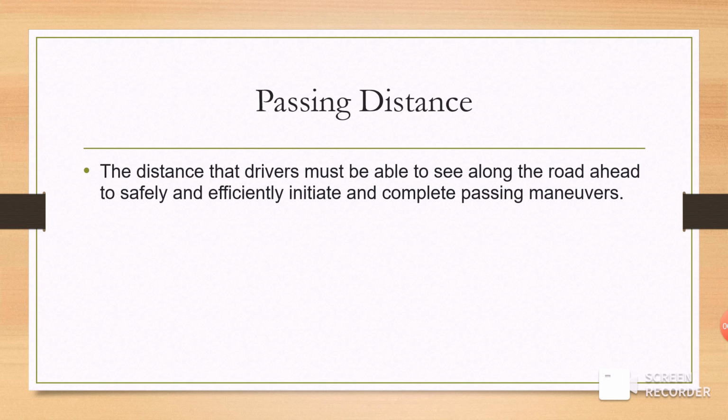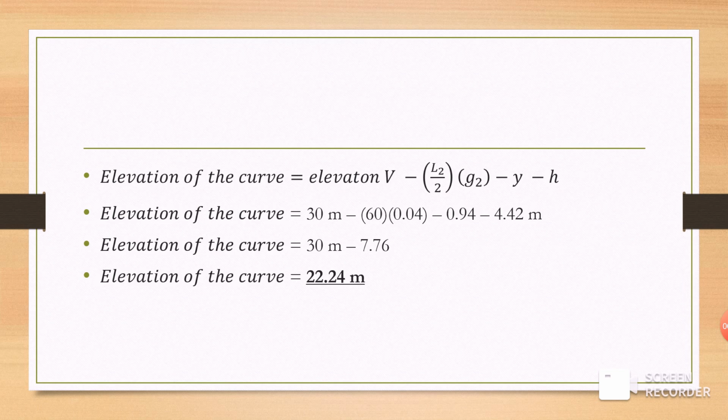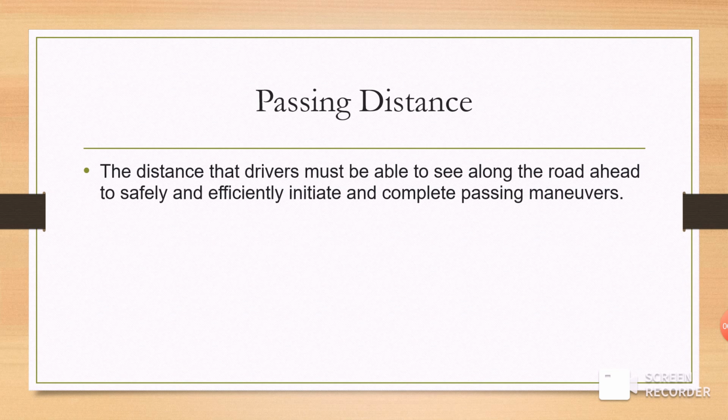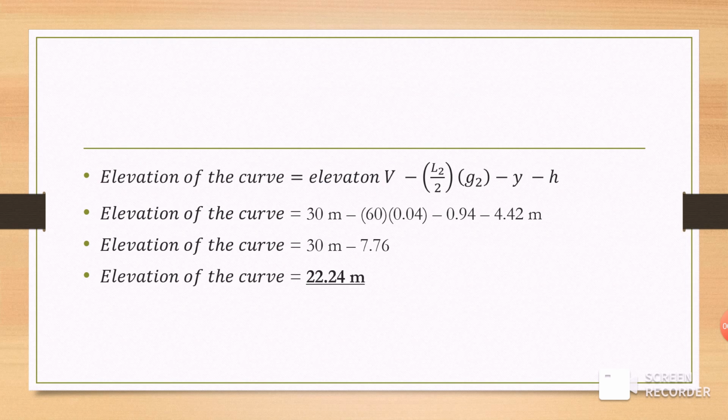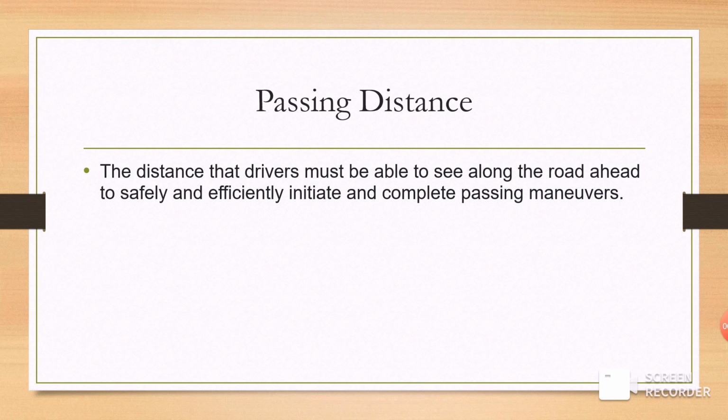On the other hand, providing a sufficient passing sight distance over large portions of the roadway can be very expensive. Simply put, the passing sight distance is the length of roadway that the driver of the passing vehicle must be able to see initially in order to make a passing maneuver safely.